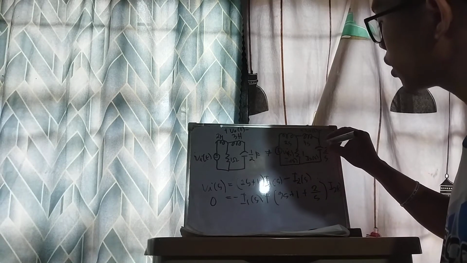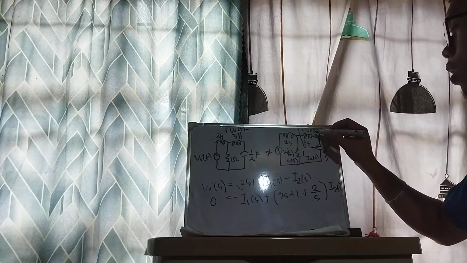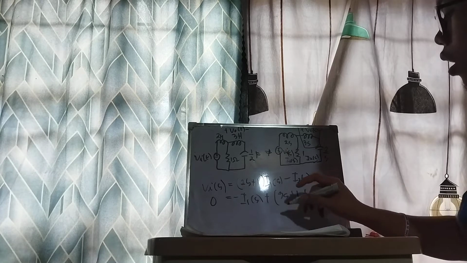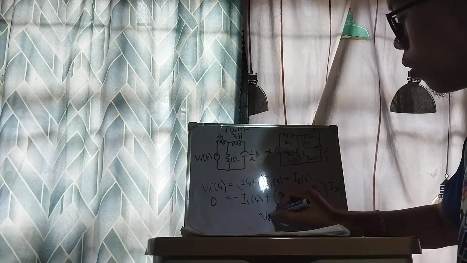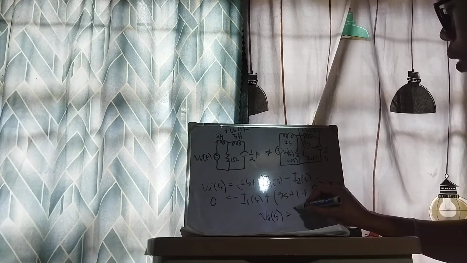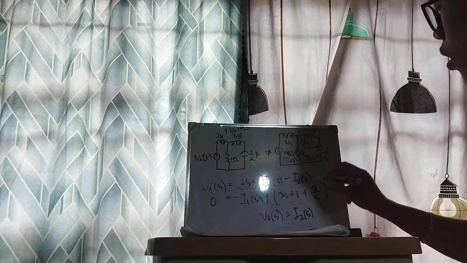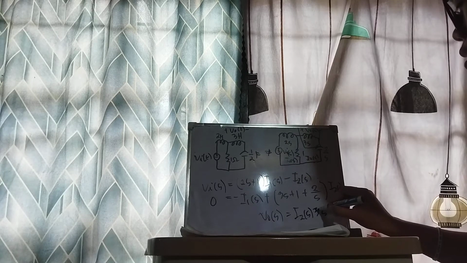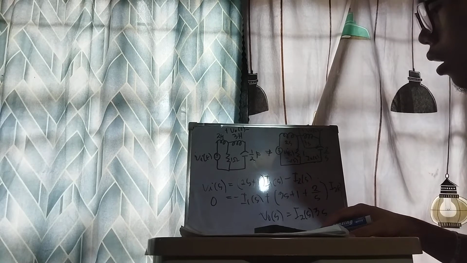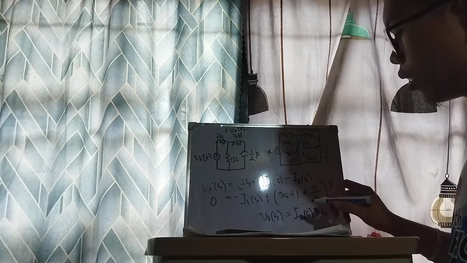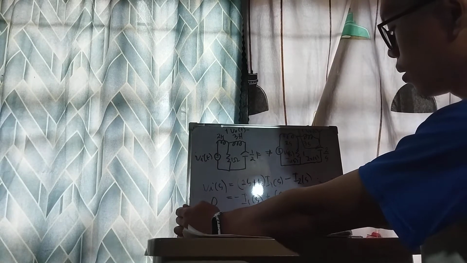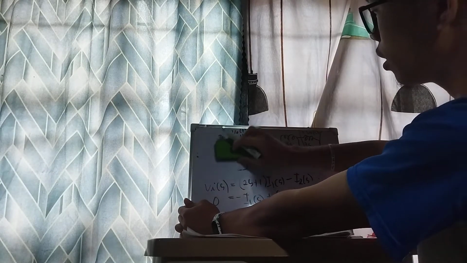Take note that VO of S is across the 3S, so VO of S is equal to I2 of S times 3S. Later on, when we have the value of I2 of S, we will multiply it by 3S. So let us manipulate.